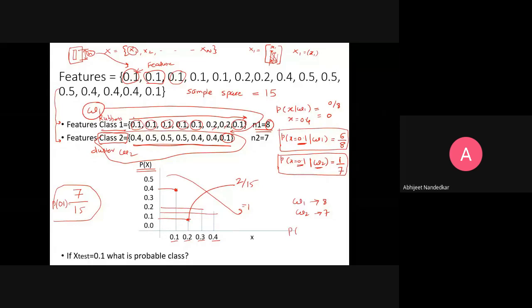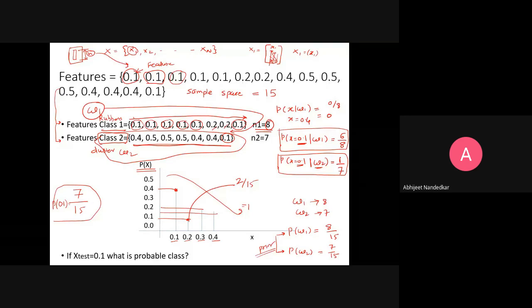So probability of omega 1 is 8 by 15, and probability of omega 2 is 7 by 15. This is called the prior knowledge of the classes. Within my domain, how many times omega 1 appears and how many times omega 2 appears, this information is the prior.